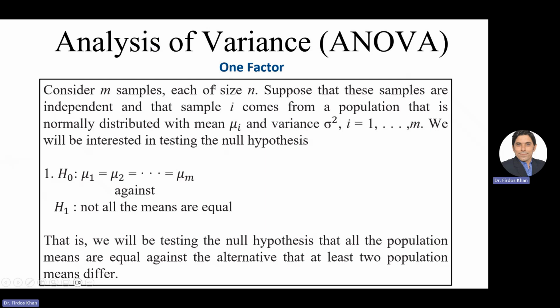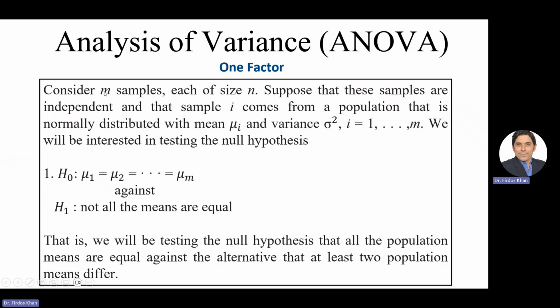Suppose that these samples are independent and that sample i comes from a population that is normally distributed with mean mu i and variance sigma square, for i equal to 1 to m.